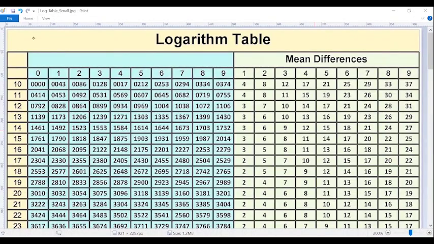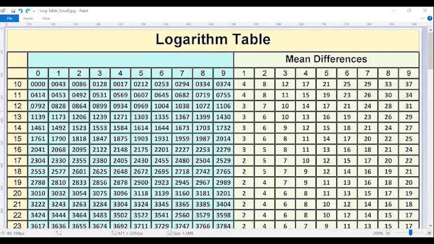Yes, sir. Okay, so this is how it looks. On the left hand side, you have this column. This is the 2 digits I am talking about.